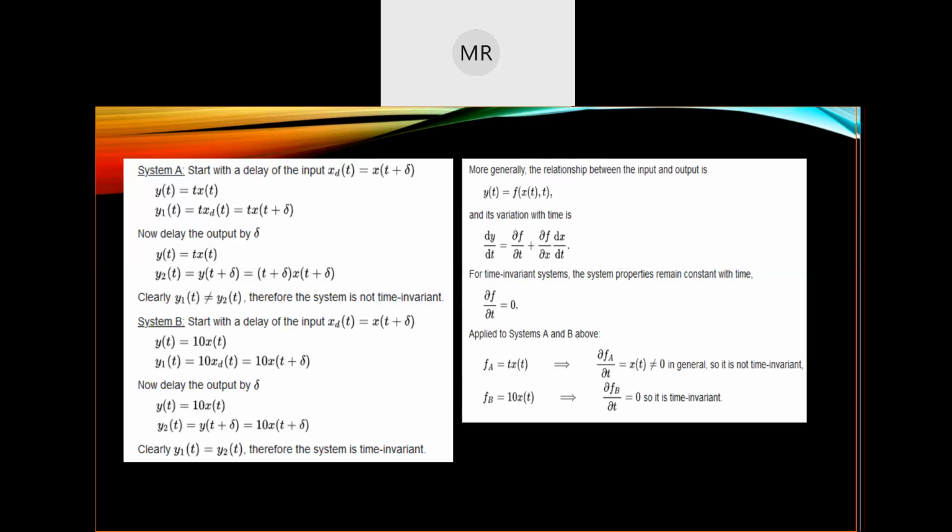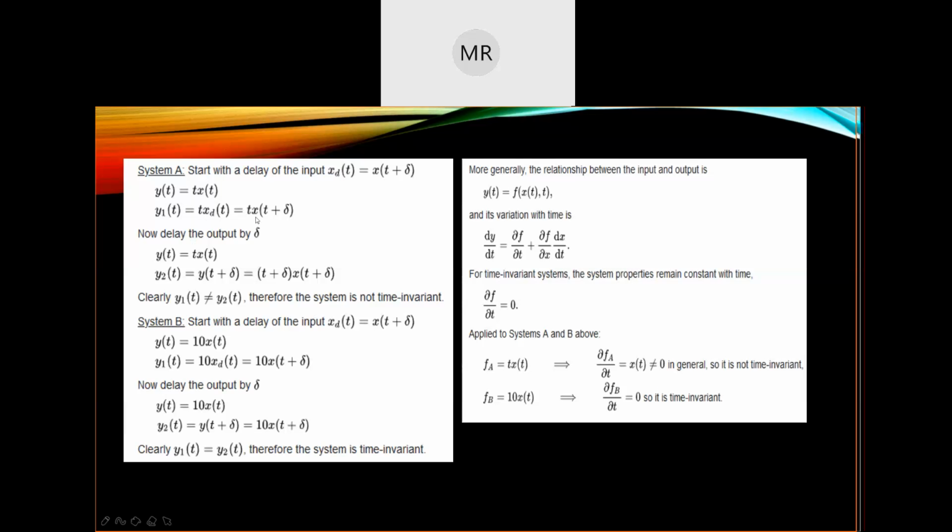Okay, for system B, we start with a delay of the input x_d(t), same as for system A. Same substitution. For y(t) = 10 x(t), we change to another variable, y1(t) = 10 x_d(t). So we substitute the delay of the input into y1(t), and it becomes 10 x(t + d). The variable of x does not change because it is the input.